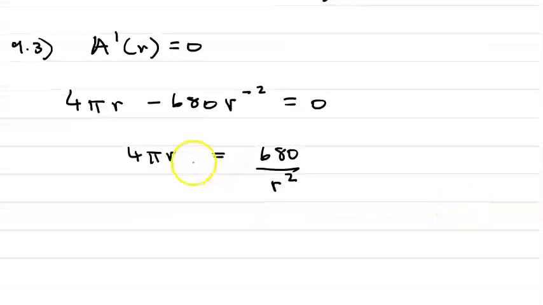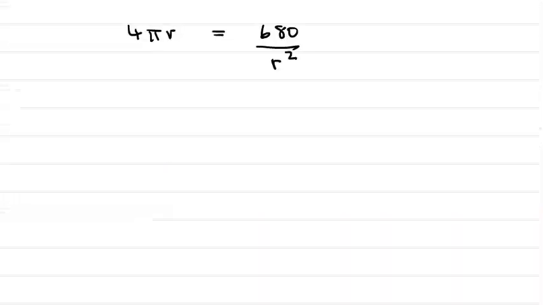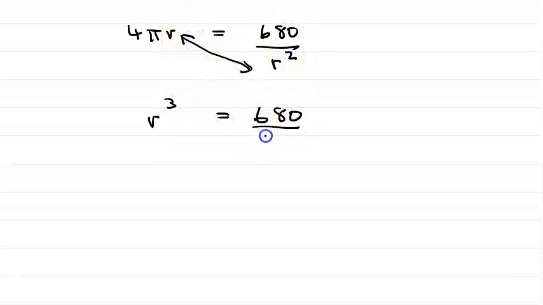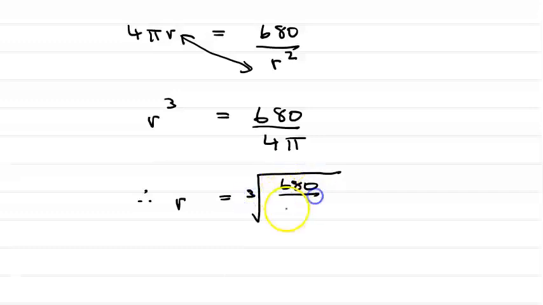So now let us cross multiply and make r the subject of our equation. So we'll get r times r squared, which is r cubed, equals 680 all over 4 pi. Therefore r equals, we're going to take the cube root of both sides, so the cube root of 680 all over 4 pi.